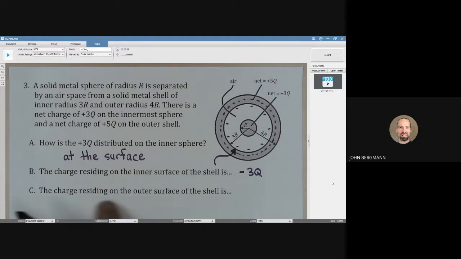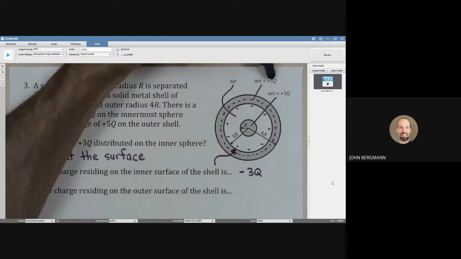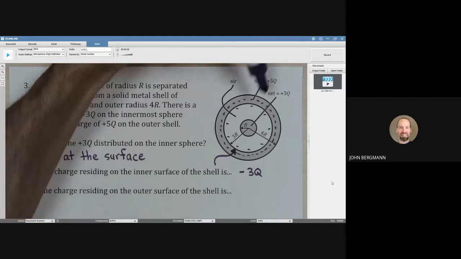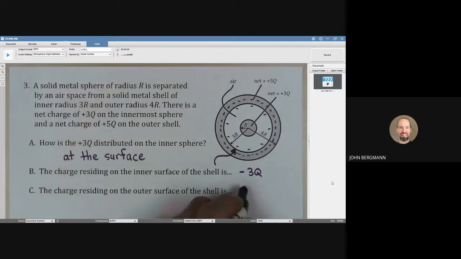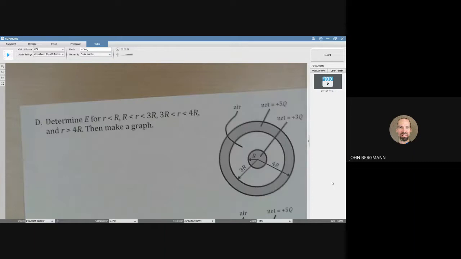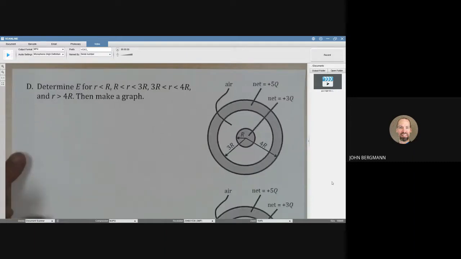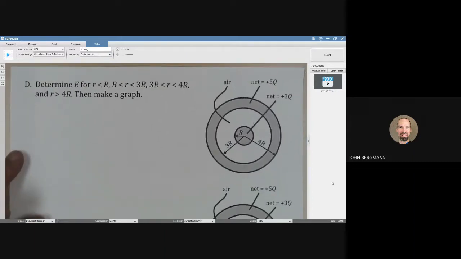The charge residing on the outer surface of the shell, well, the net charge is plus 5. And on the inside, it's minus 3q. So on the outside surface, it must be plus 8q. Let's determine the electric field for various values of little r.